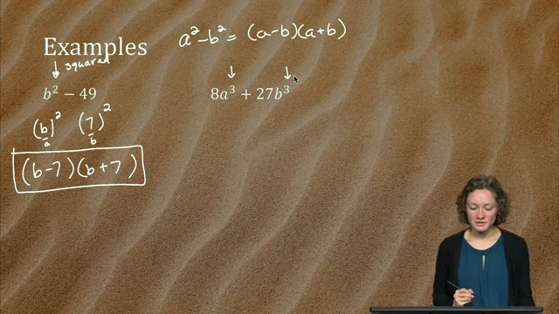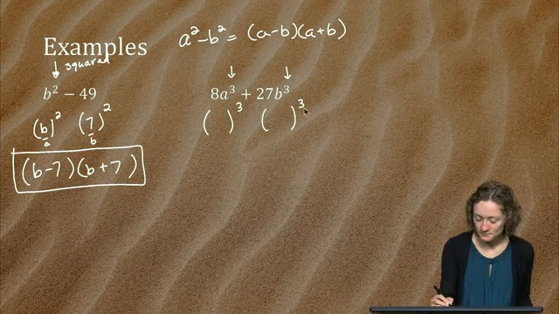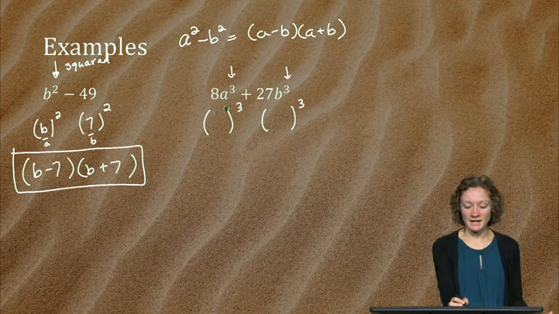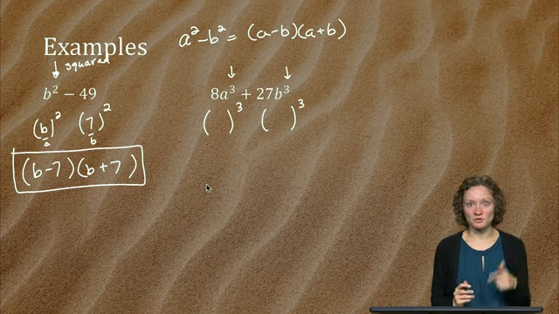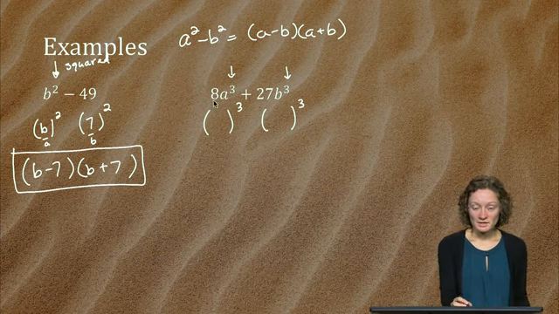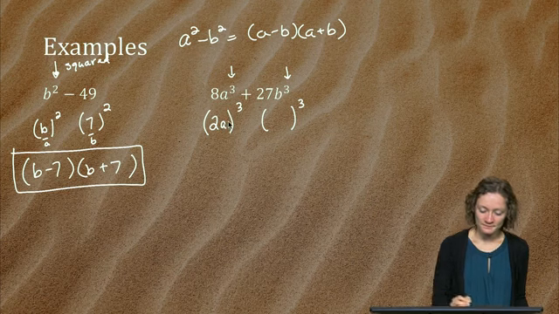Third power on each of these, so it's the only one we can consider. So now let's see, can we write each of these as a quantity cubed? What would it take to get 8a cubed? What number cubed would give you 8? Start there. You can test numbers in the calculator. You can plug in 1 cubed, 2 cubed, 3 cubed until you get this number. The answer for this one is 2, along with a.